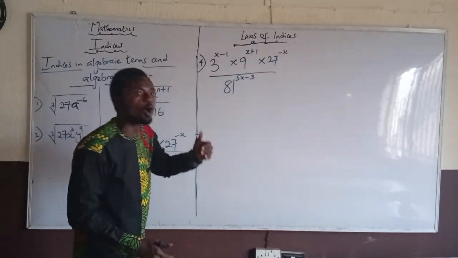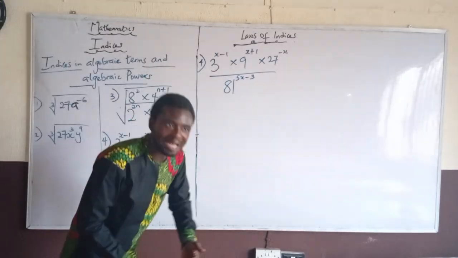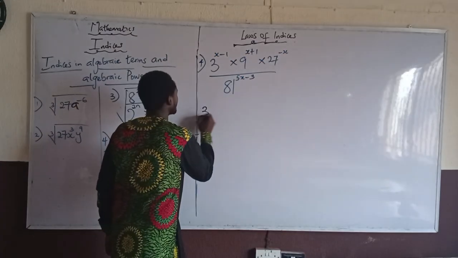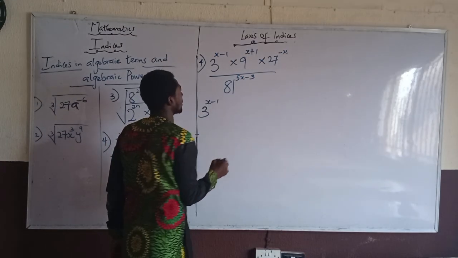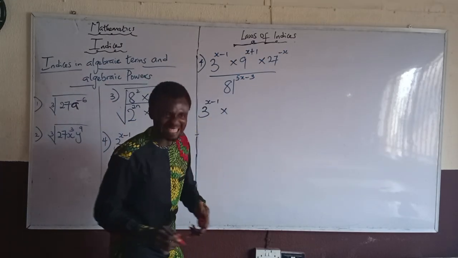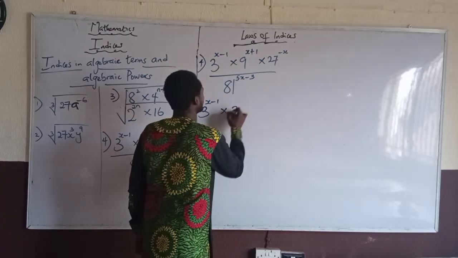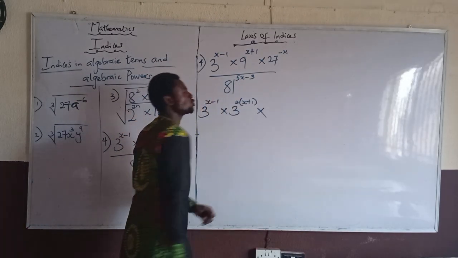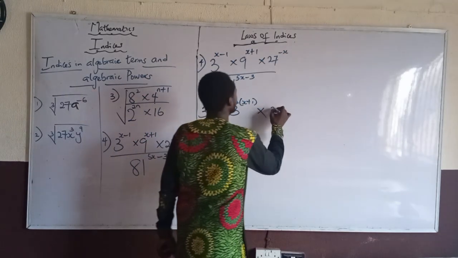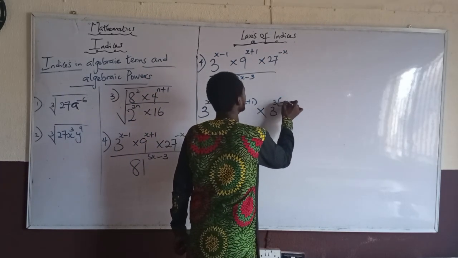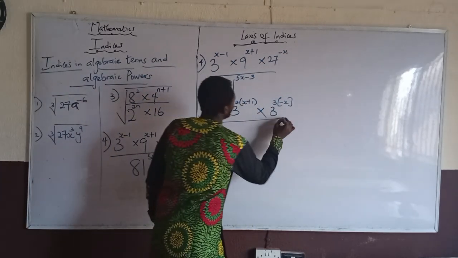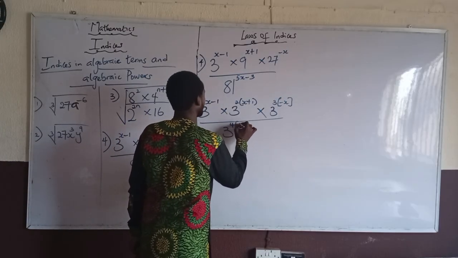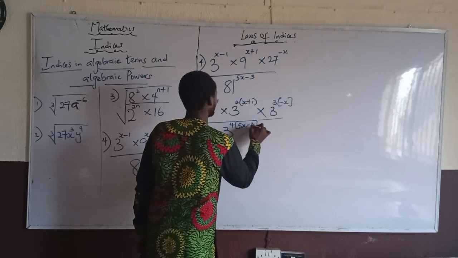So I can break all of them to a number in base 3. So here becomes 3 raised by x minus 1 times 9 is 3 raised by 2. I have x plus 1 times 27 is 3 raised by 3. Then what? Minus x. Divided by 81 is 3 raised by 4. I have 5x minus 3.